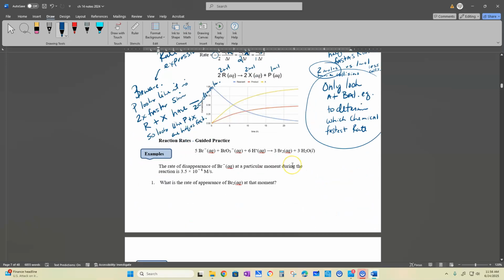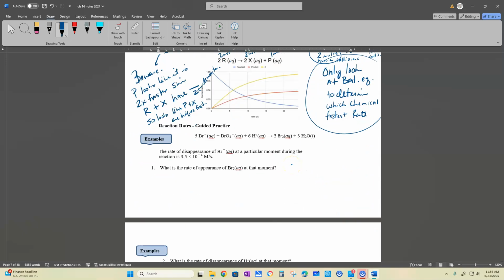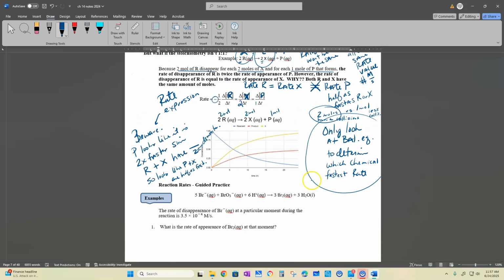Let's do an example. I want to show you an example where I do this, but I do it with stoichiometry. Let me go back to the graph real quick. Notice right here, 2 moles of R. R is the blue, so this is your R right there. It's decreasing over time. So notice that slope right there. That is the fastest rate, initially. And then notice P, the product, is this red line right here.